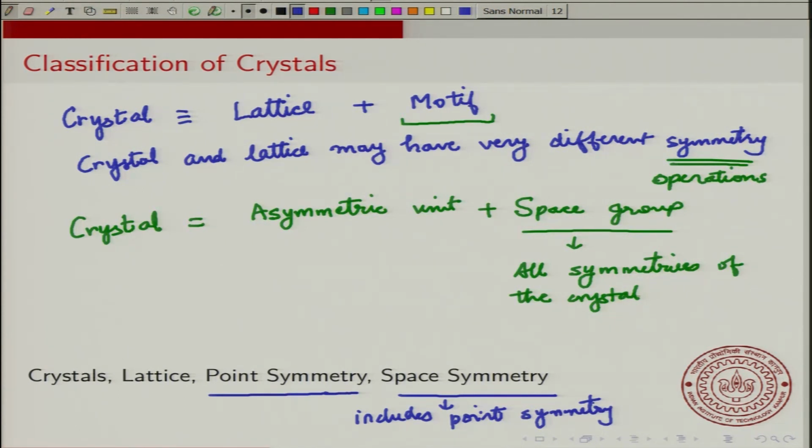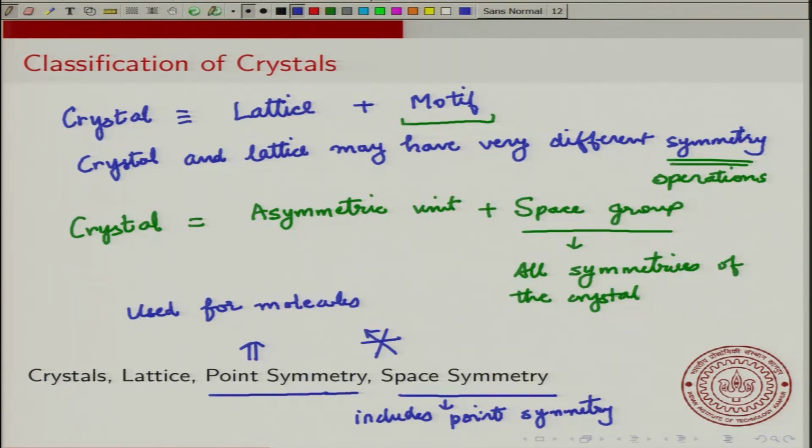That also explains why point symmetry is used for molecules. It is also used for crystals, but if you have isolated molecules, then we use only point symmetry and no space symmetry. So, you cannot use space symmetry for molecules. The point symmetry is the space symmetry minus those translational symmetry elements.